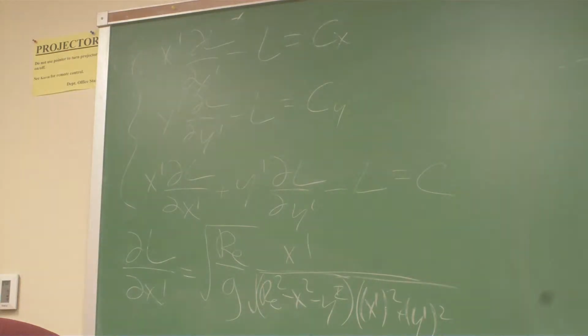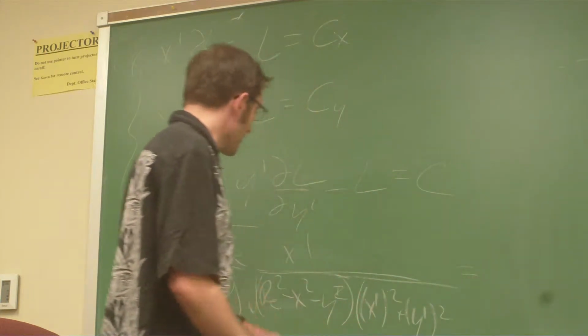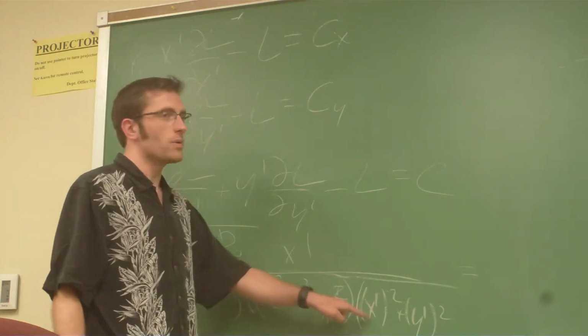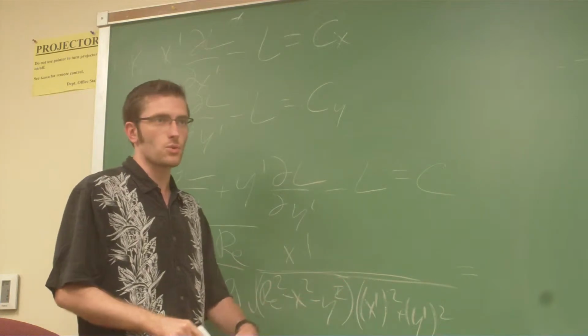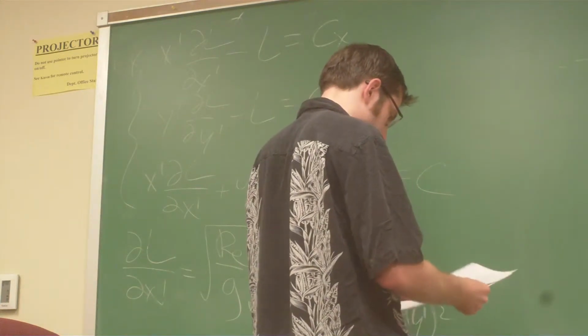So one way to do that, the only difference between L here and this derivative here is related to this square root here, in the denominator. So if we multiply the top and the bottom by the square root of x prime squared plus y prime squared, we end up with the result.